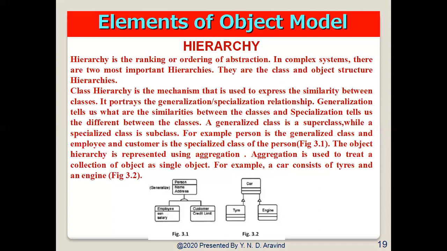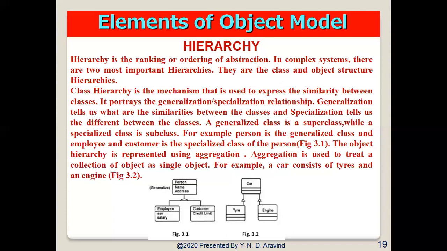Here, the two most important hierarchies in complex systems are its class structure and its object structure. Class hierarchy is a mechanism that is used to express the similarities between the classes.